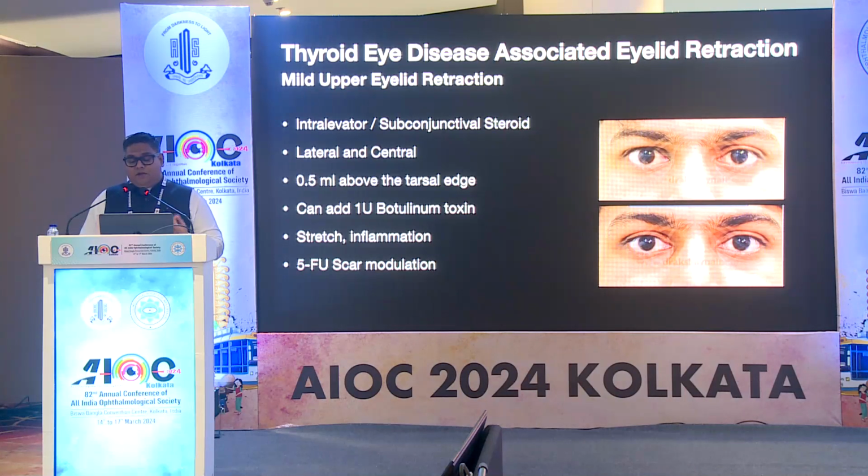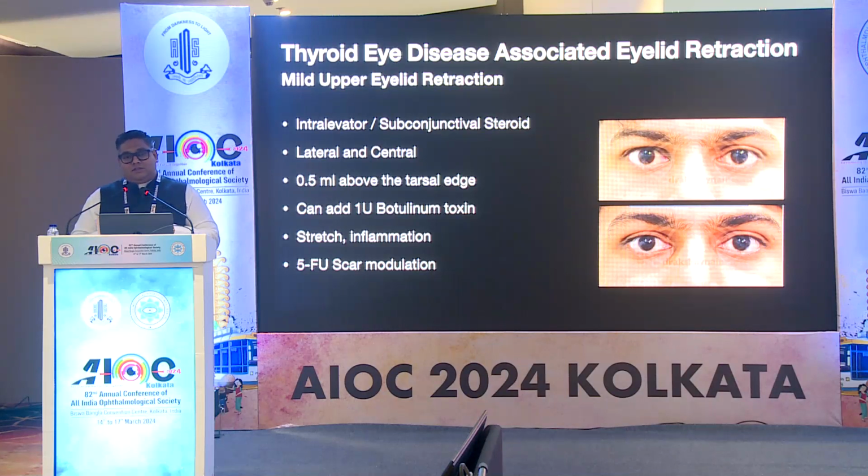It can be a little difficult in patients who have thyroid eye disease because of the tone of the Mueller's. Put in a drop of proparacaine and under topical anesthesia just above the tarsal edge, you go in subconjunctivally and inject into the Mueller's and the levator muscle. It works in 2 ways. In active disease, the steroid reduces the inflammation and the overactivity of the Mueller's muscle.